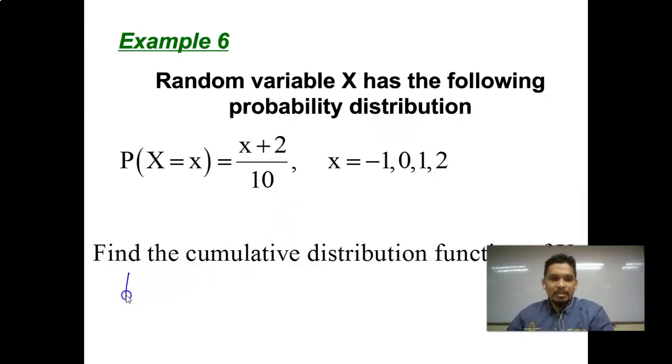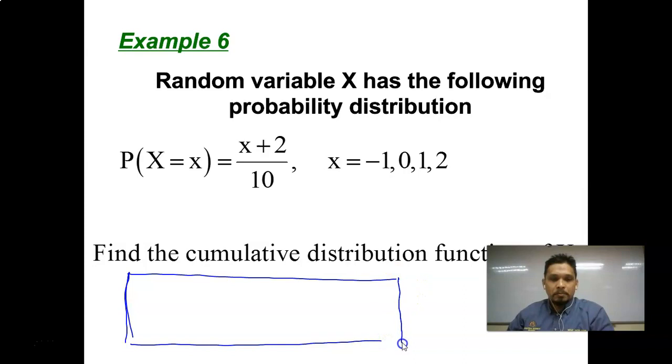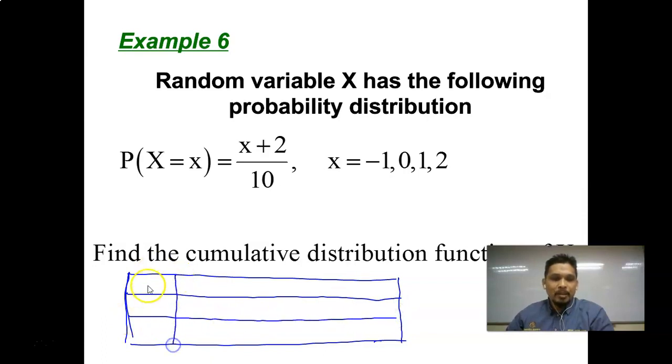Okay, if I just sketch it here, with x, the probability of x equal to an x, and the cumulative distribution function. The values of x here are negative 1, 0, 1, 2.